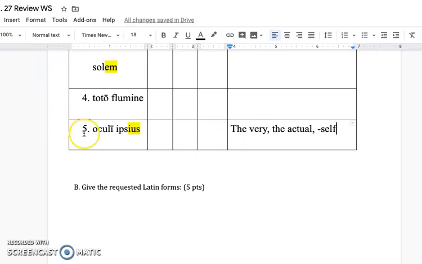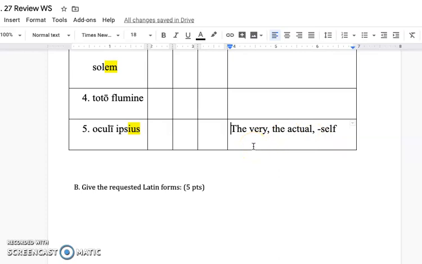Because our word oculi means eye, we're going to talk about Mad-Eye Moody from Harry Potter, if you know that character. So I could say of the eye itself, or I could say the very eye or the actual eye, right?